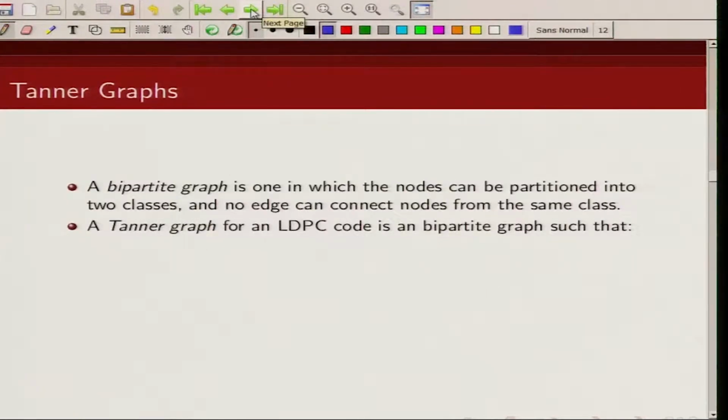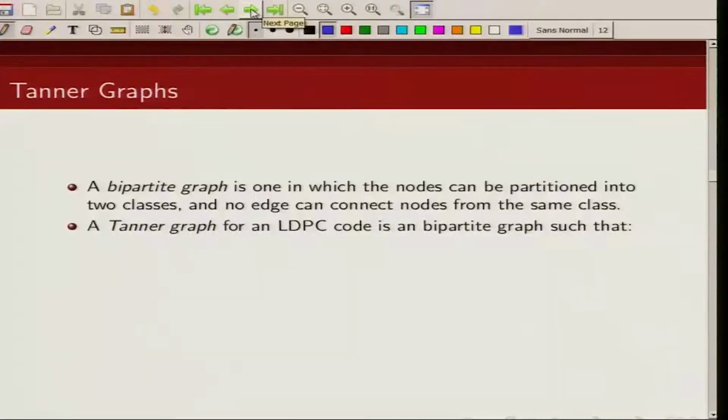Now, we can represent this parity check matrix using a bipartite graph, and this bipartite graph representation of the parity check matrix of a linear block code is known as Tanner graph, named after Michael Tanner. So, what is a bipartite graph? In a bipartite graph, the nodes can be partitioned into 2 classes. What is the property?